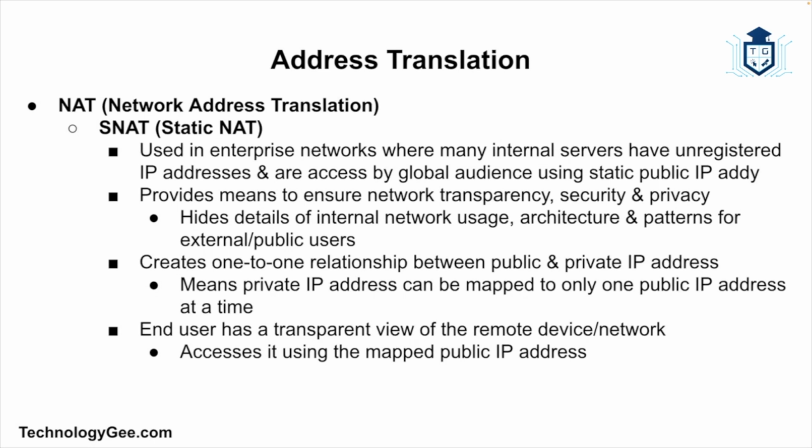Static NAT works by creating a one-to-one relationship between the public and private IP addresses. This means that the private IP address can be mapped to only one public IP address at a time. The end user, on the other hand, has a transparent view of the remote device or network and accesses it using the mapped public IP address.